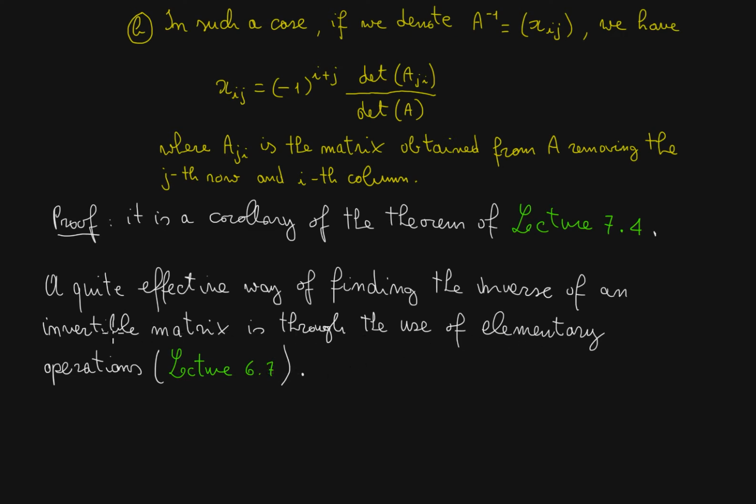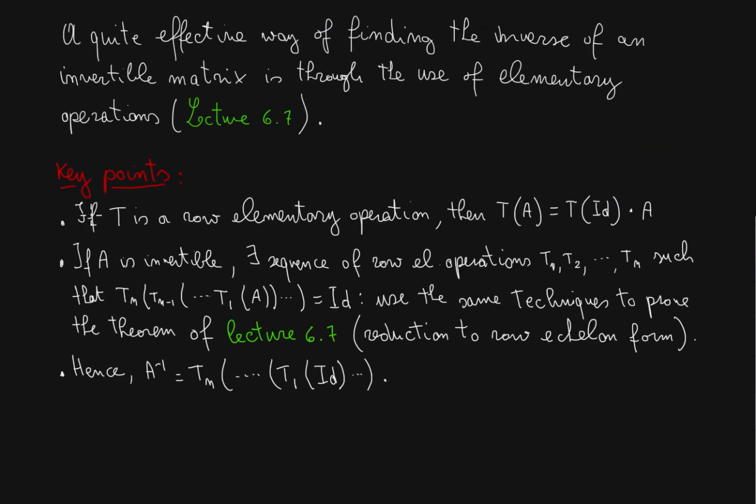So I recall here a few basic facts of elementary operations that we will need in order to find this procedure of finding the inverse. First, if T is a row elementary operation, then the operation applied to a matrix A is the same as a matrix multiplication.